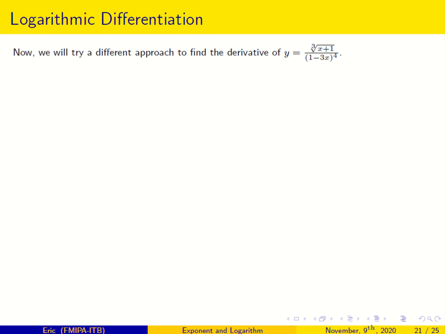And the last part of the differentiation of exponential and logarithm functions is logarithmic differentiation. We will try a different approach to find the derivative of this. How do I do this? I write y as the power of something, and take the natural logarithm of y equal to the natural logarithm of this.